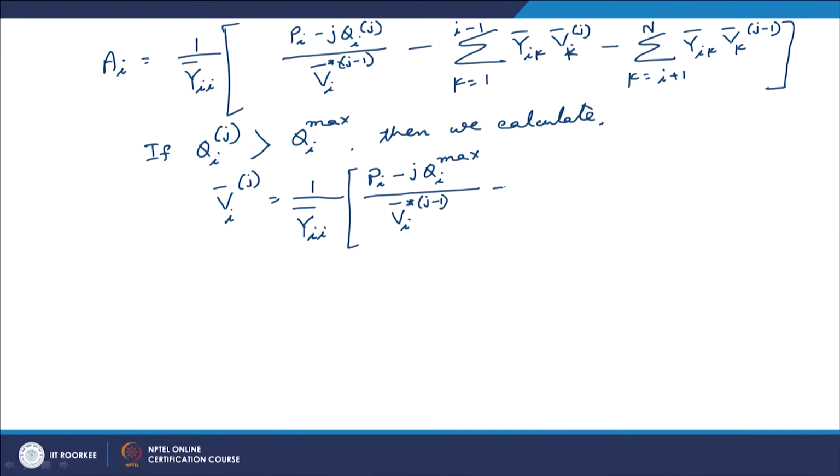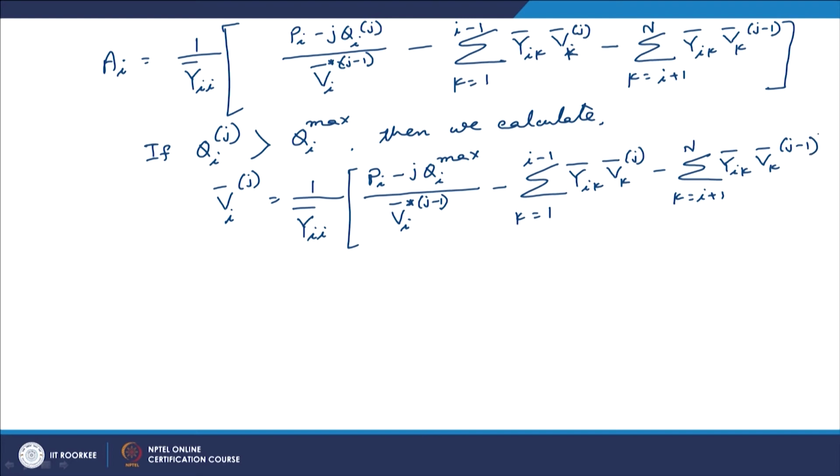is the same: Vi star j minus 1, minus summation k is equal to 1 to i minus 1 of Yik Vk j, minus summation k is equal to i plus 1 to n of Yik Vk j minus 1.